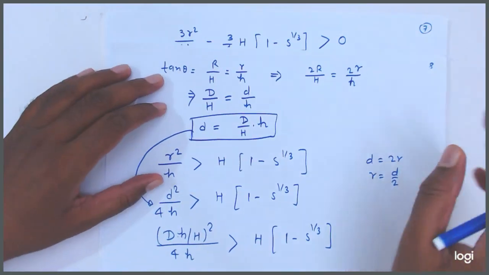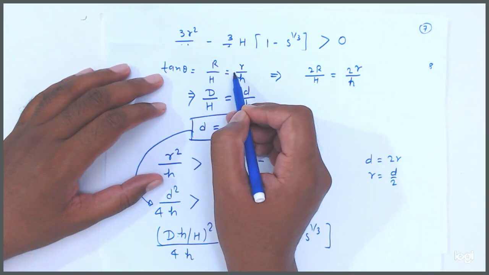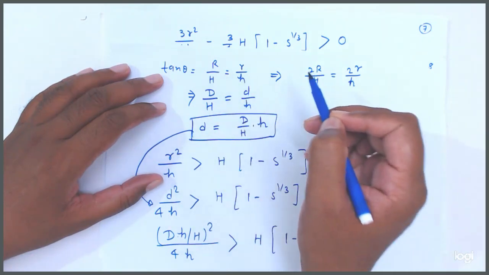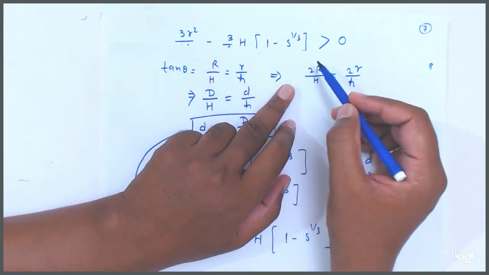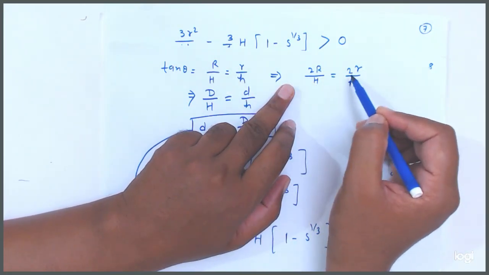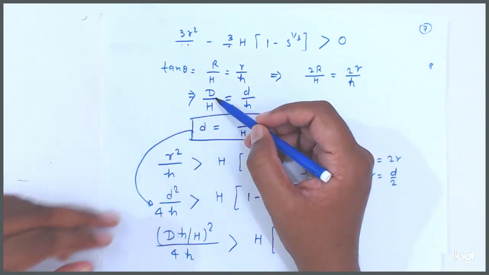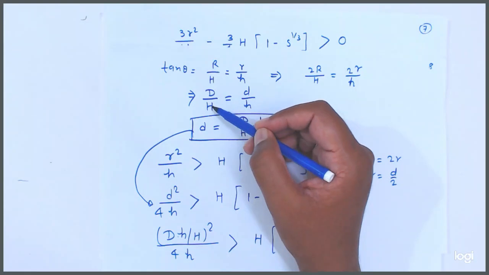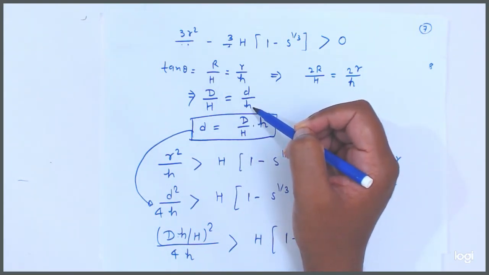You see, tan theta is equal to capital R upon capital H, equal to small r upon small h. So this term should be equal. We will multiply both sides by 2: 2R upon capital H equals 2 into small r upon small h. So the relation that comes is capital D upon capital H equals small d upon small h.